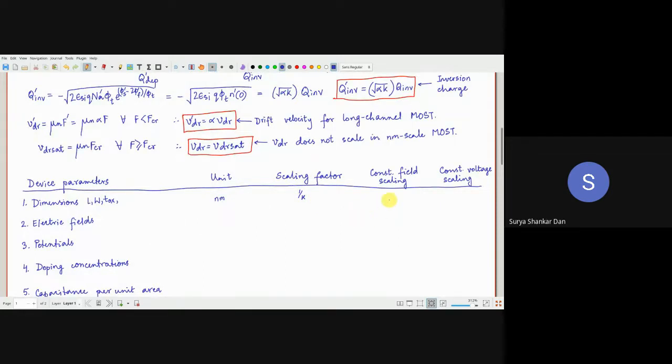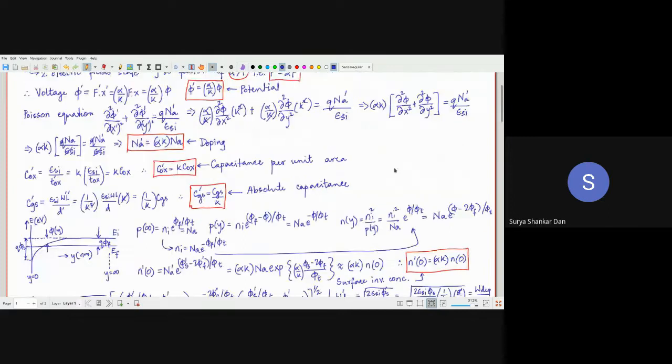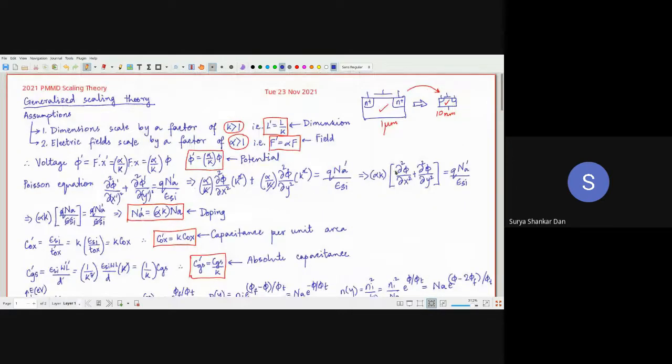What I want you to do is you should respond. Now for the constant field scaling, this is going to be a very good eye opener for many of you. If I want to ensure that the field remains constant inside both of these devices, remember, we have seen that the electric fields will scale by a factor of alpha greater than 1.